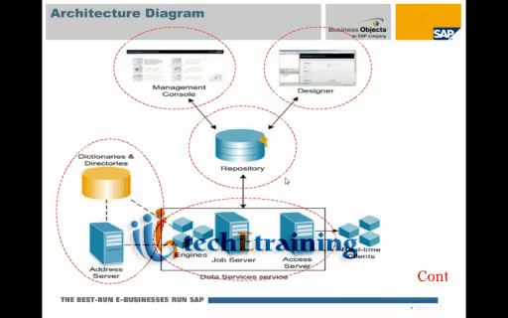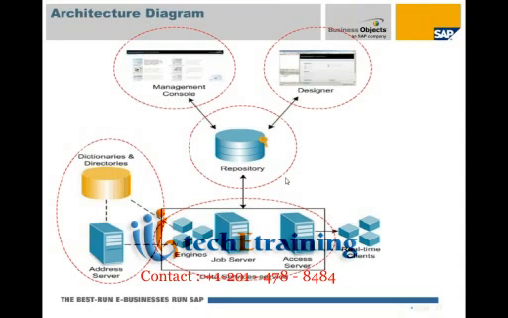I call it the central component basically because it is able to connect to your different systems, which are your management console, your designer, and your Data Services service. This is a distributed architecture and it has a lot of smaller servers as well. But what the repository does is it is almost like a database. It has connection information between your management console, your designer, and the job service as well.